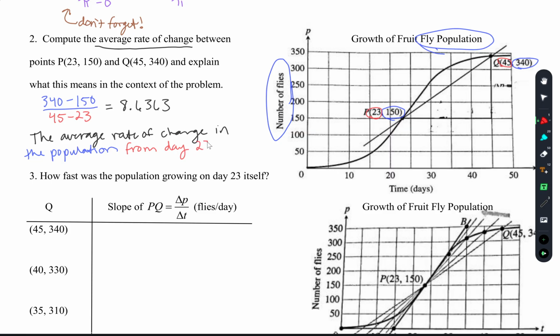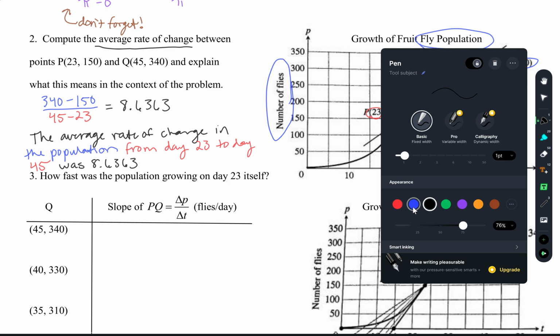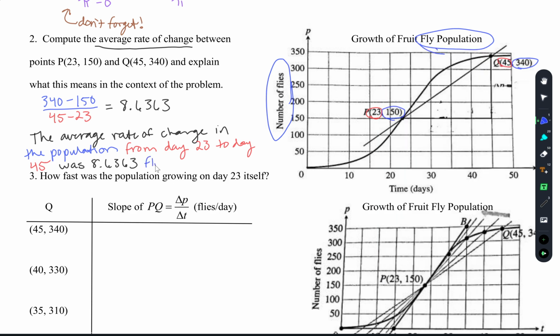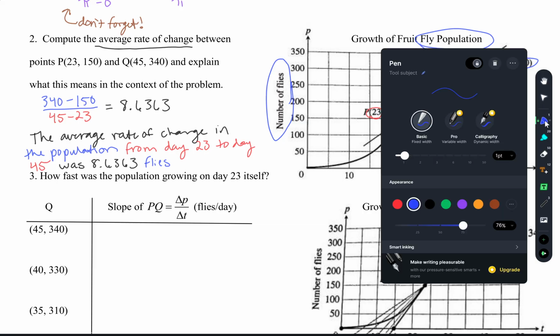Day 23 to day, what was it again? 45, okay? And then you can go ahead and say the answer was 8.6363, and then make sure you have the unit on that. So flies per day.